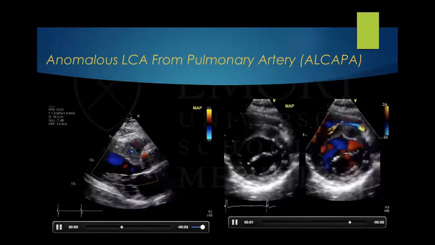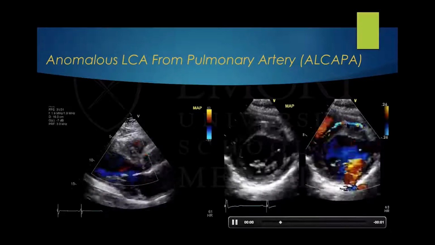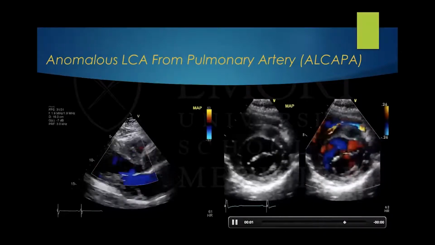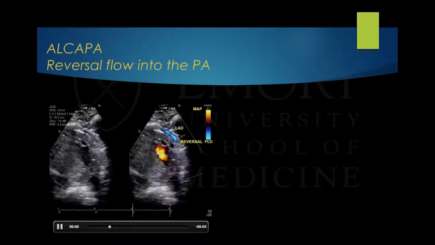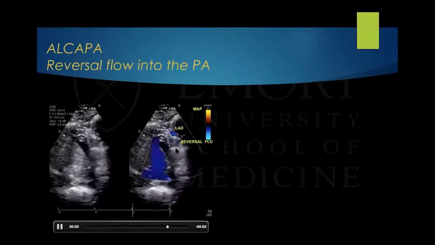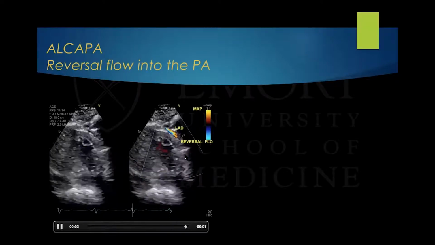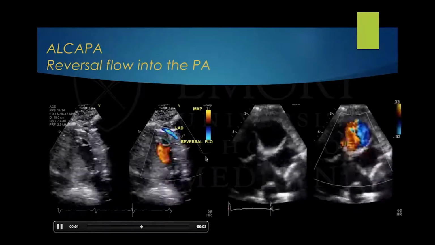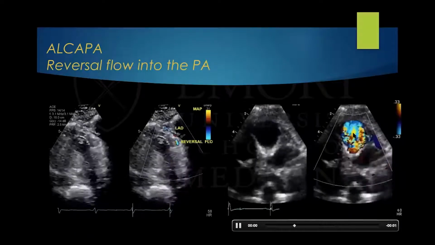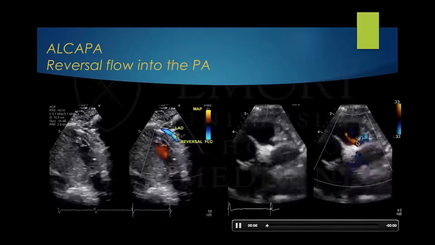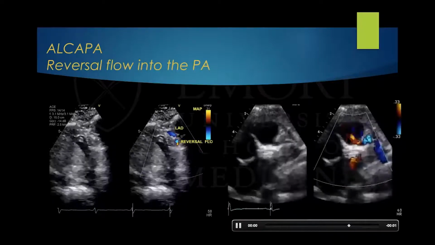In this short axis view, you will see that the normal flow will be red and blue, and in this case, it's going red and blue into this direction. It's reversal because the left coronary is coming off the pulmonary artery, and because the pulmonary artery pressures are lower, it has caused a steal of the coronary flow.